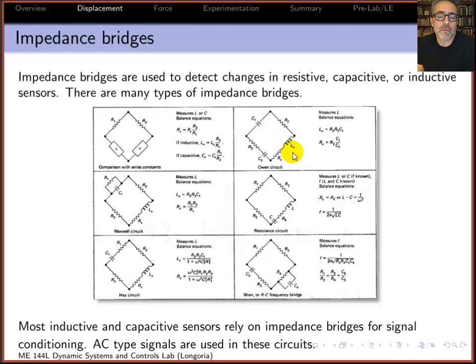So you might have an inductor here, or a capacitor, or a combination of those. And when you have capacitors or inductors, typically you're exciting these bridges with AC signals, not DC signals. With Wheatstone bridges, we usually are powering them with DC power.